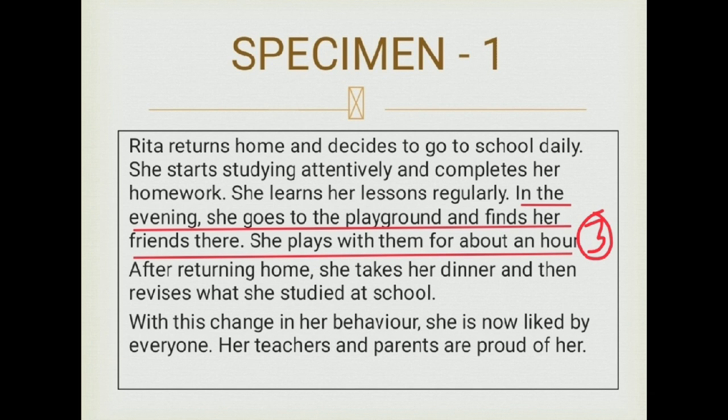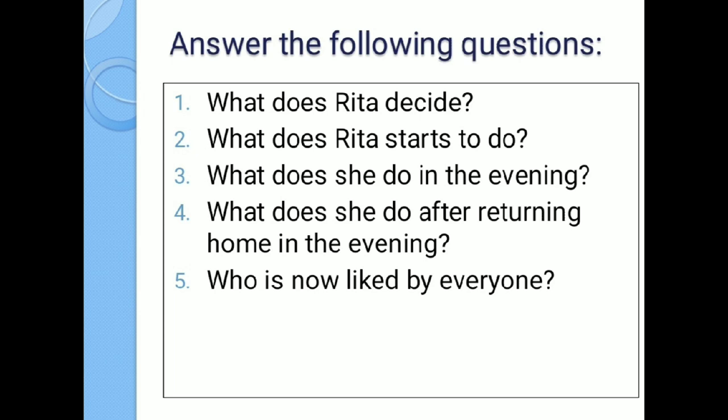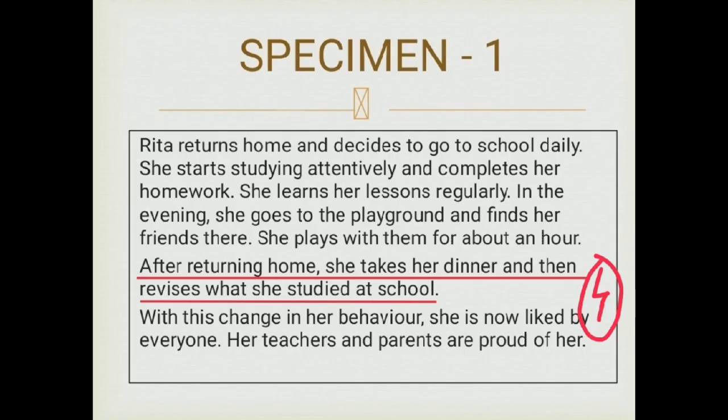And I have written there number 3. Next, question number 4. What does she do after returning home in the evening? In the passage, again I have underlined: After returning home, she takes her dinner and then revises what she studied at school, and I have put a number 4.